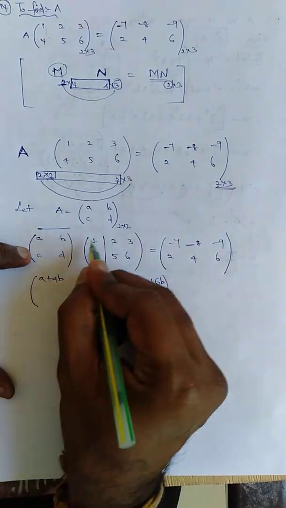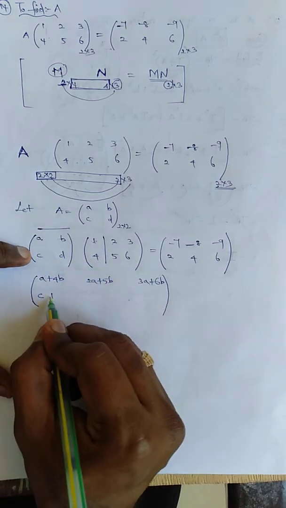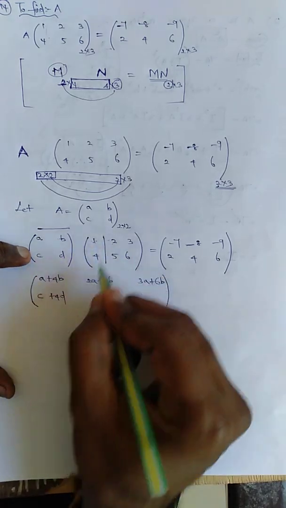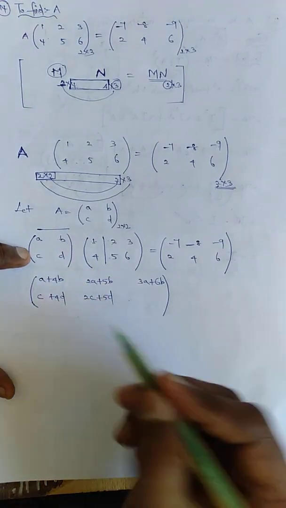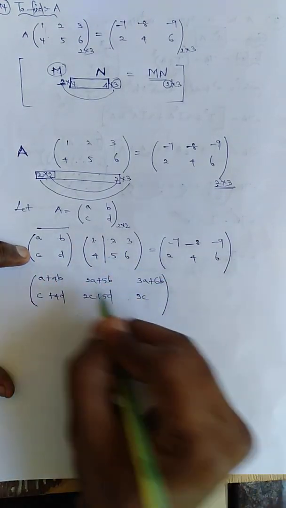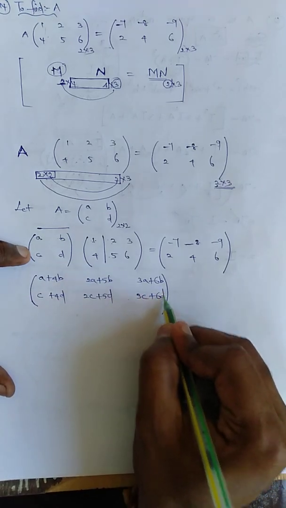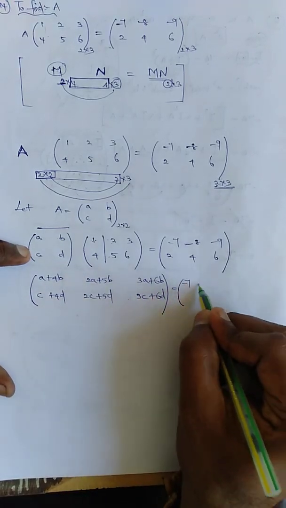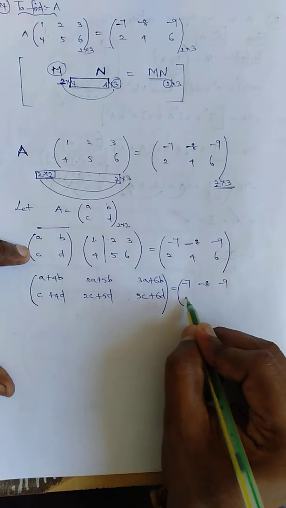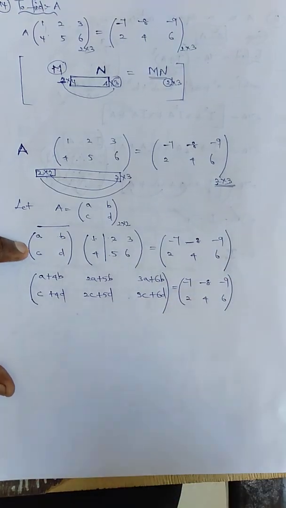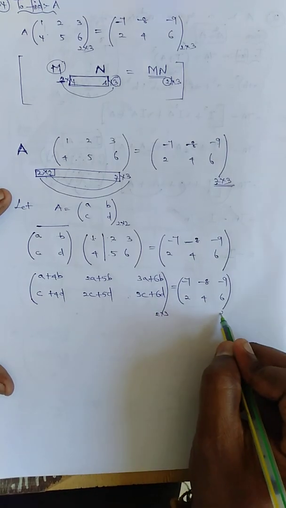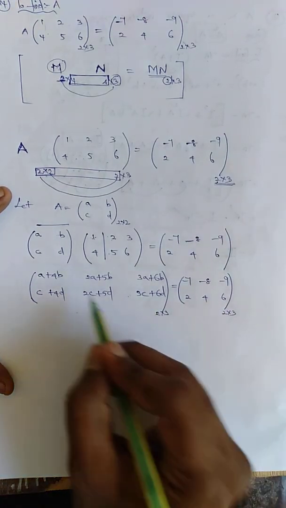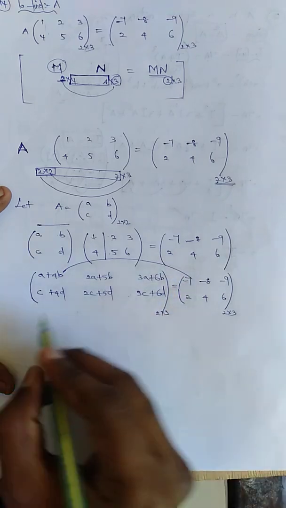Next, c into 1, c. d into 4, 4d. c into 2, 2c. d into 5, 5d. c into 3, 3c. d into 6, 6d, is equal to minus 7, minus 8, minus 9, 2, 4, 6. Both have order 2 cross 3. Now we can equate them.